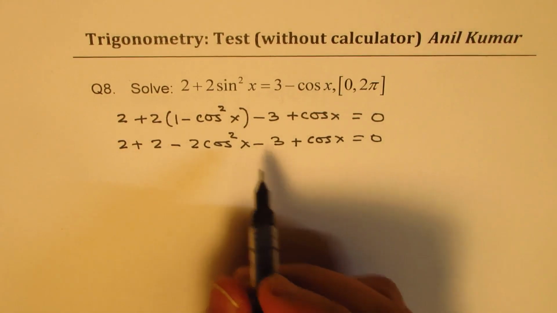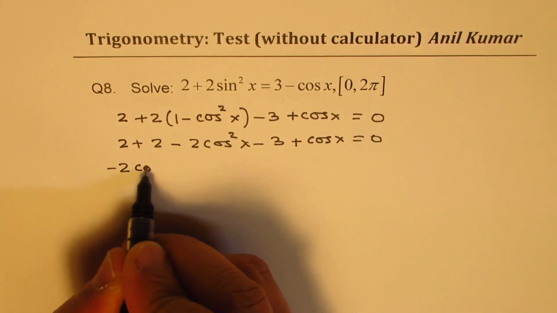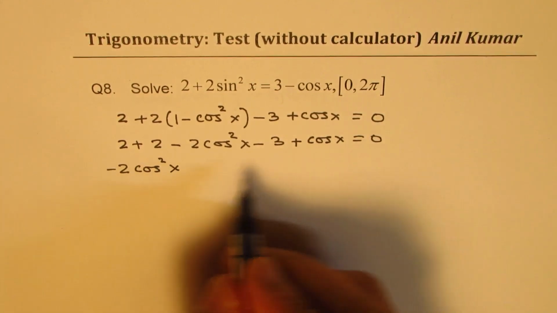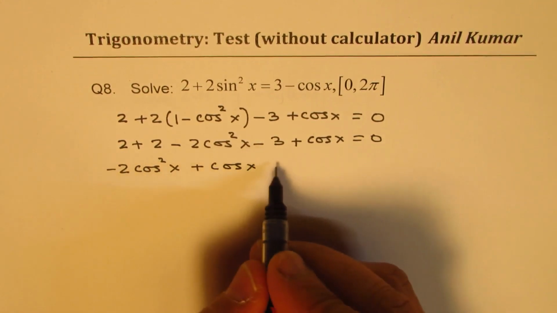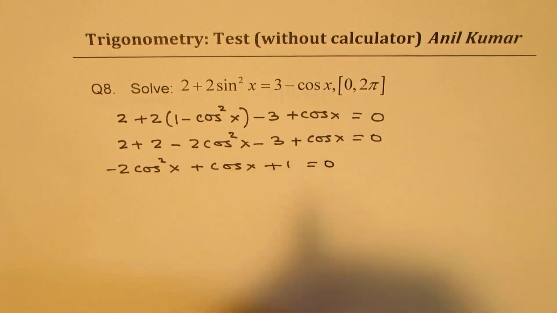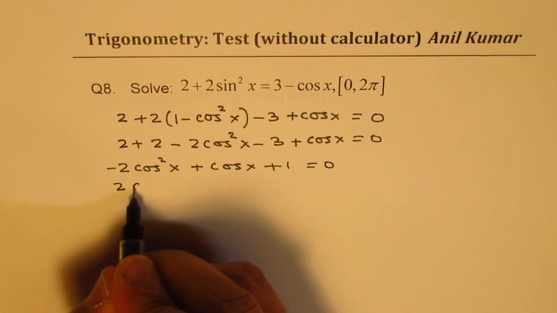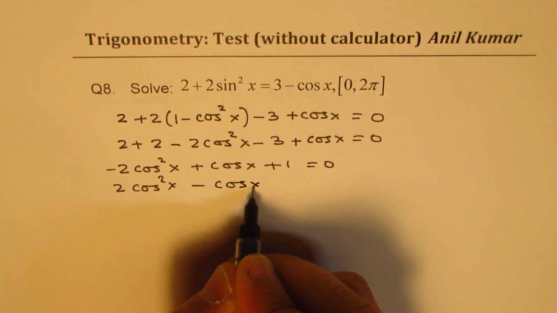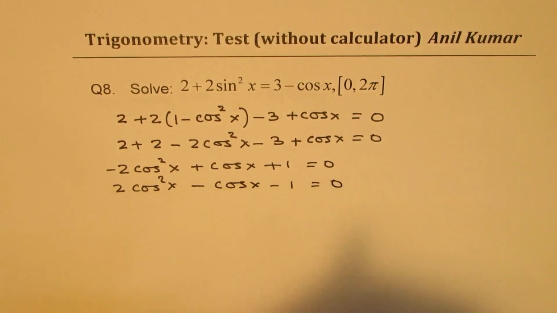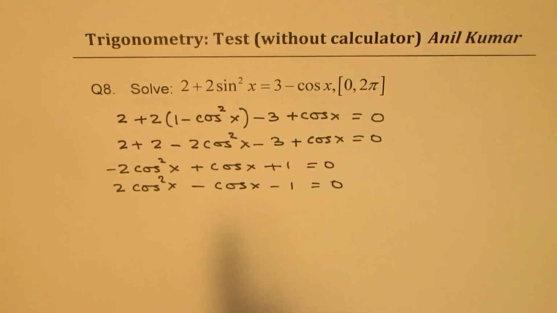So now we can write this as minus 2 cos square x plus cos x plus 1 equals 0. I always like to keep this as positive, so I'll write this as 2 cos square x minus cos x minus 1, multiplying by negative, right? Then we will factor. So we need product of minus 2 and sum of minus 1.